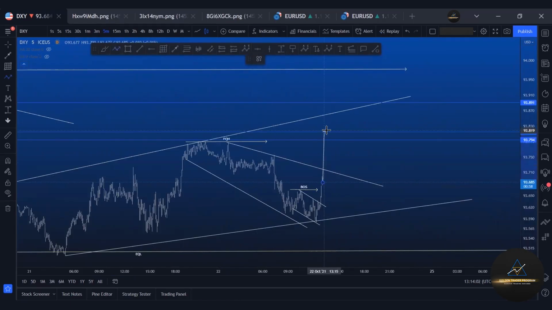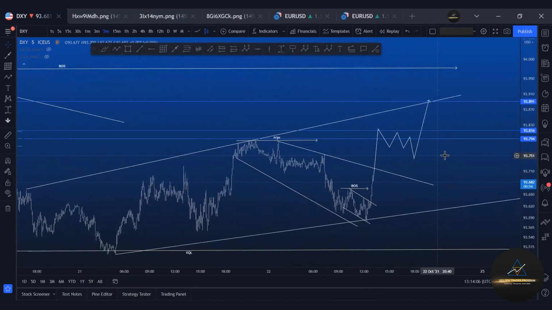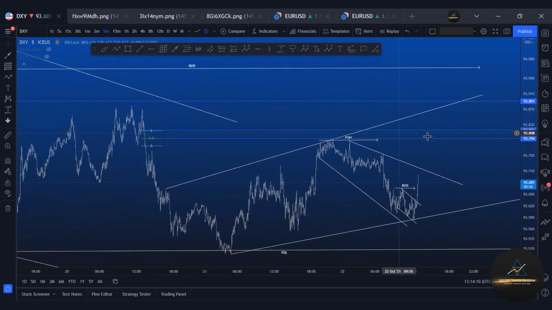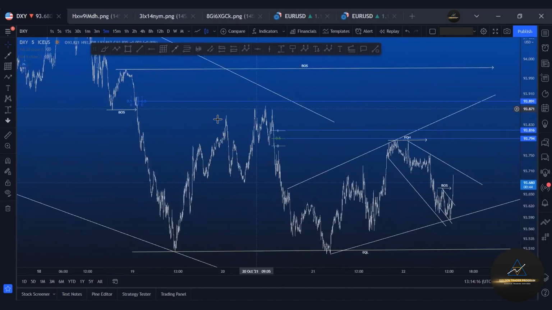Rally to the upside, little rejection, potential flag, and then boom. This is the target on the dollar. And we've got a conservative target as the plan A above the equal highs and a conservative target at plan B, which is above structure, stop hunt, the trend line, and also the banker block that took out structure.